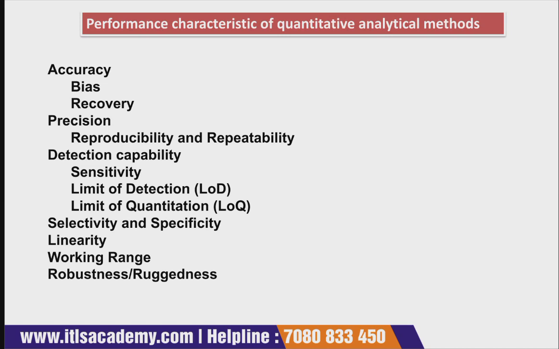It can give the limit of detection and the limit of quantitation of the sample. Then selectivity and specificity, it should be very specific. It should have linearity in nature. The working range should be good. So these are certain characteristics that an analytical method should possess.